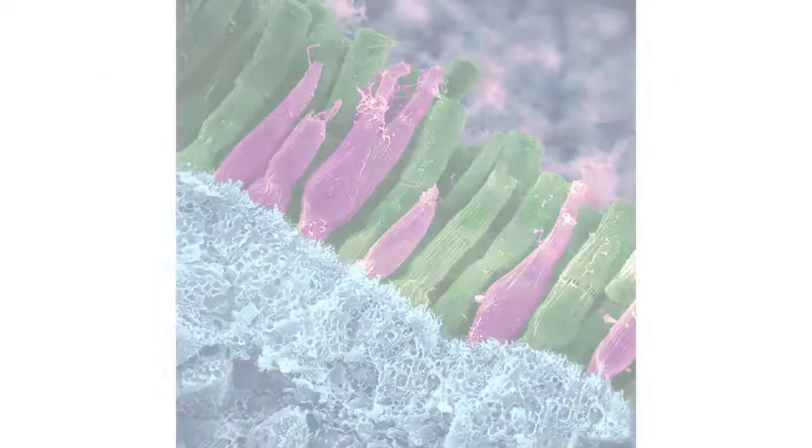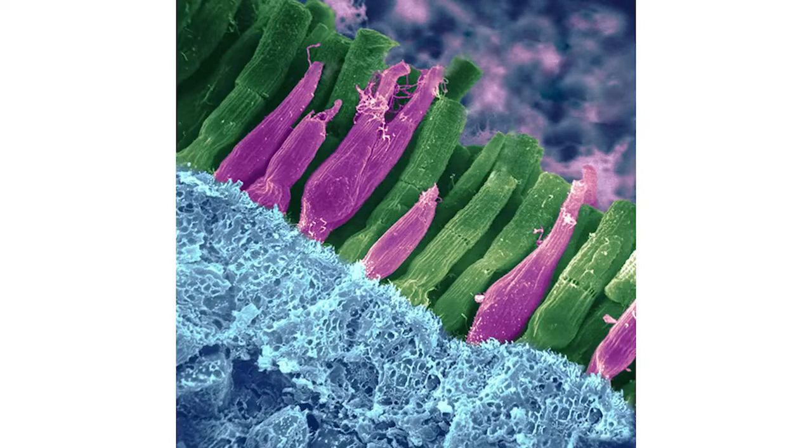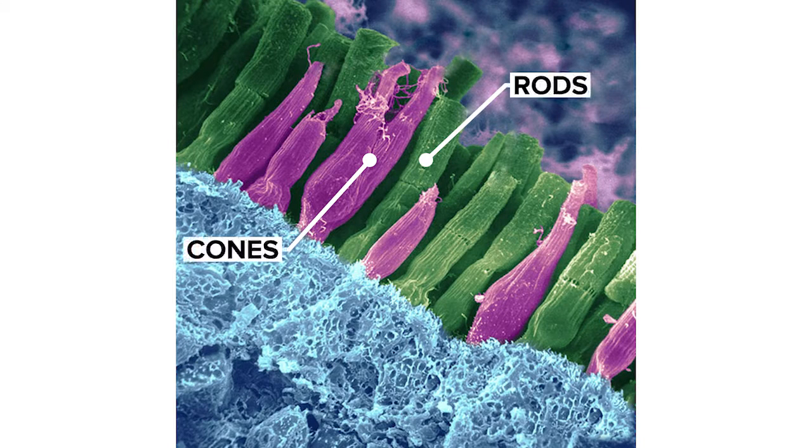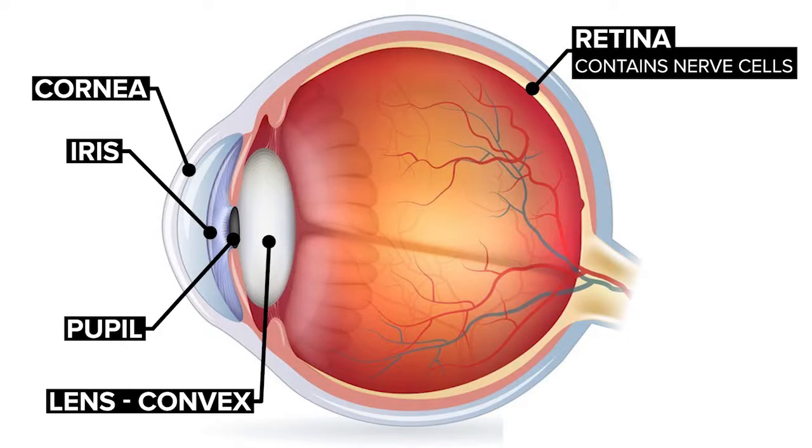The retina contains a large number of nerve cells that are sensitive to light. Now, these nerve cells are known as rods and cones. The rod cells are sensitive to dim light and the cone cells are sensitive to bright light. Sensations felt by the nerve cells are then transmitted to the brain through the optic nerve.